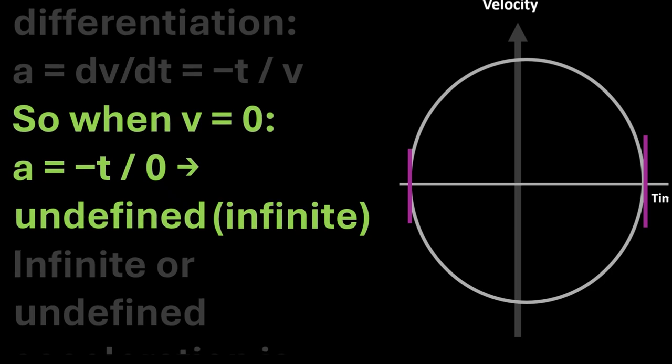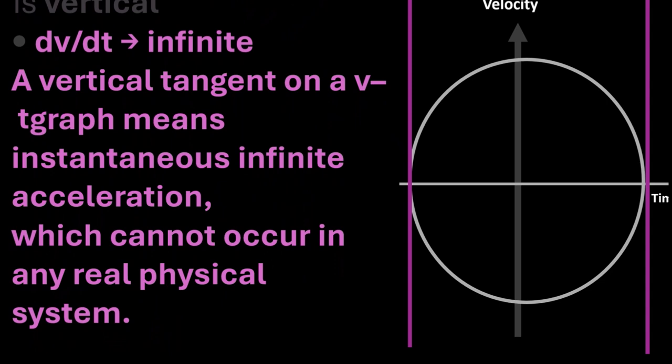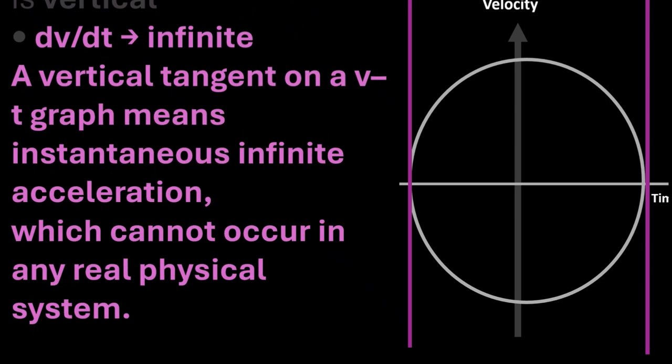When we have undefined, it means that if you draw a tangent there, the slope of that tangent is infinity, which means the slope of the velocity time graph is infinity.